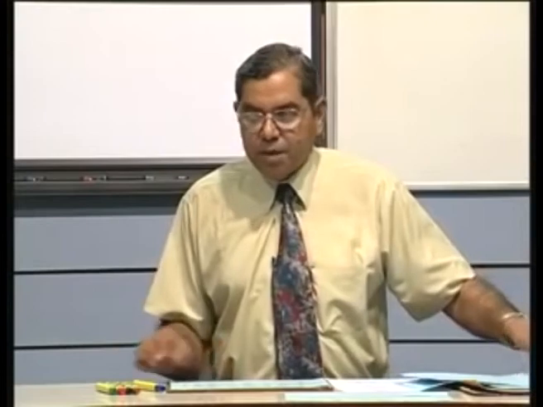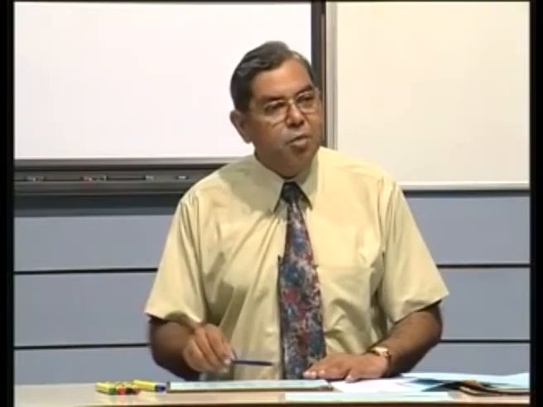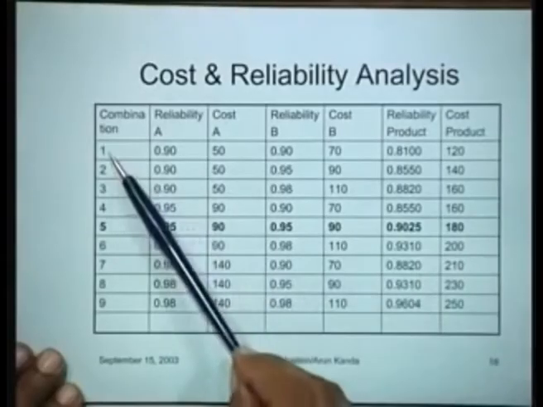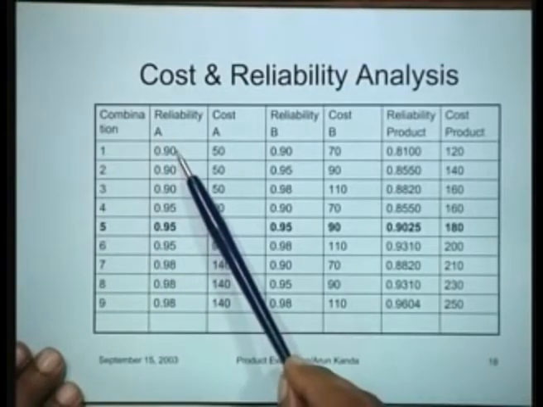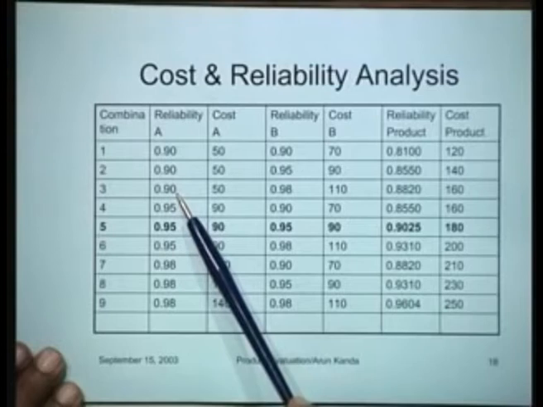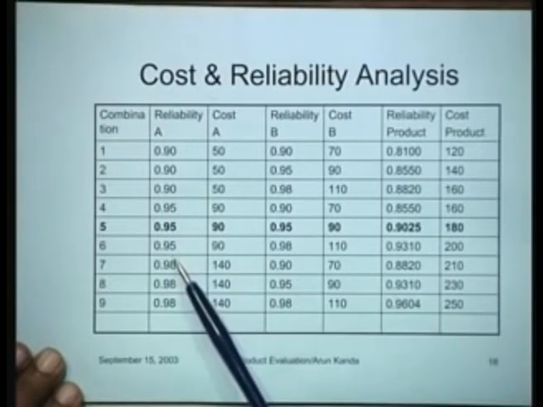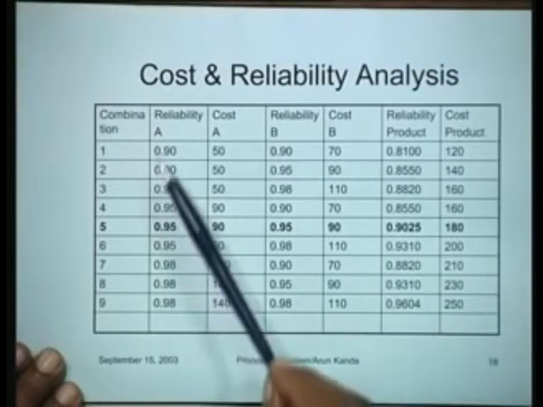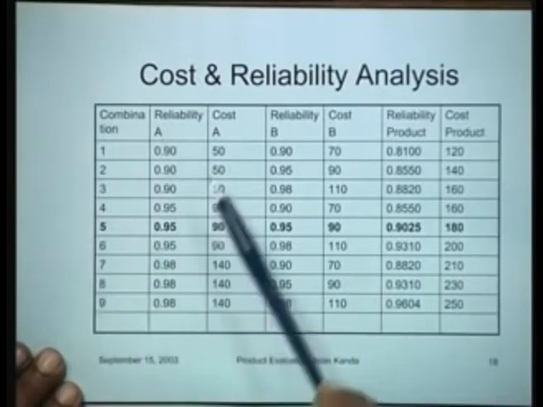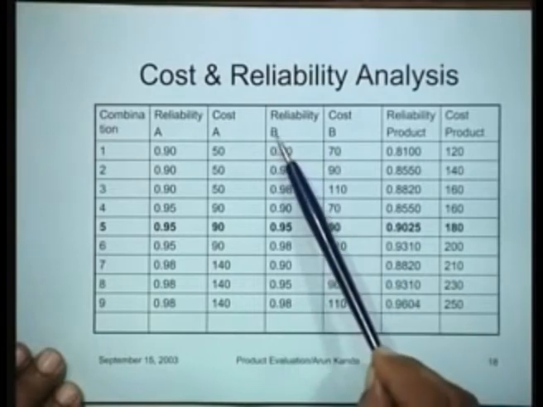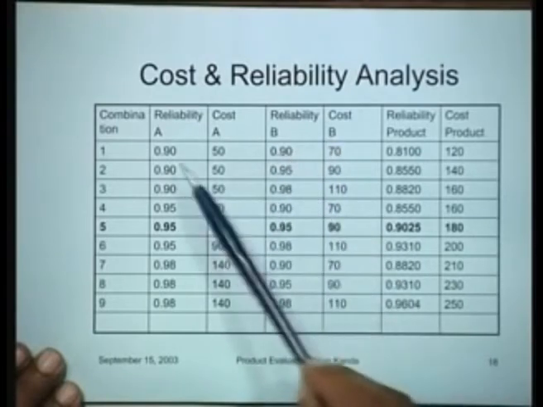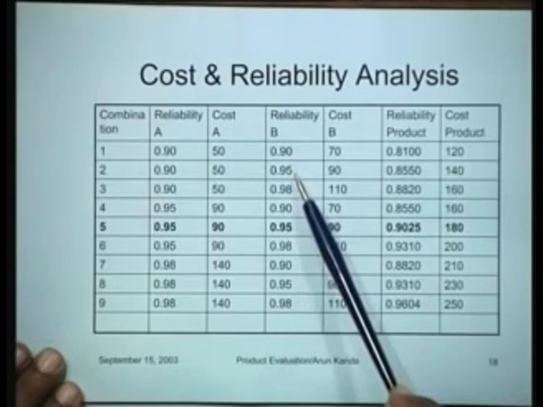It's a small example. We can do the whole thing by enumeration. There are 9 combinations involved, and you can have 0.9 reliability, 0.95 reliability, 0.98 reliability for the subcomponent A, and the corresponding costs are listed here. And similarly for B, you can have reliability of 0.9, 0.95, 0.98.